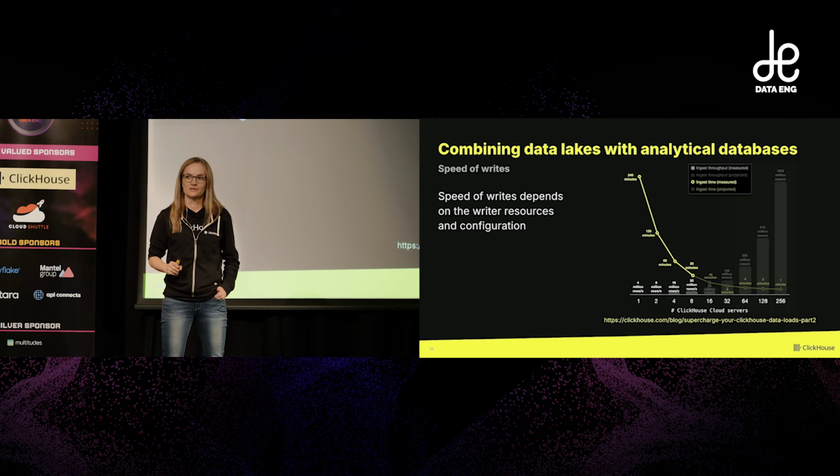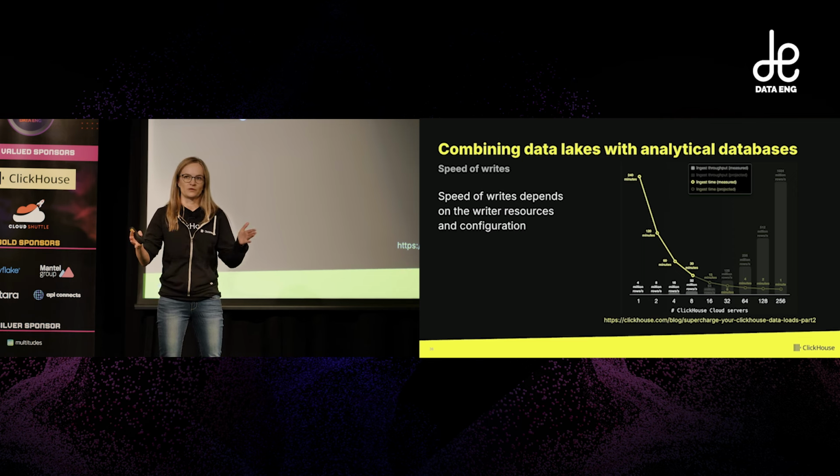On the speed of writes, in something like an object store, there's no trick really. The object stores have great throughput, but you need to resource the workers that are doing the writes appropriately. You have to parallelize the write. And as you see from this curve, at some point, the number of writers that you add helps cut the latency and improve the throughput of the writes.